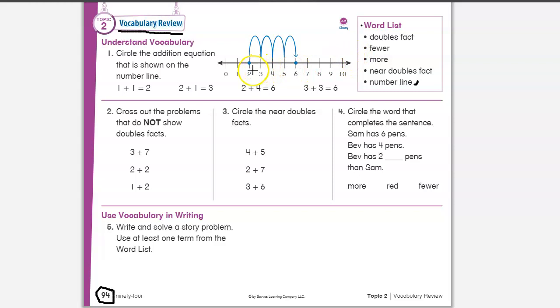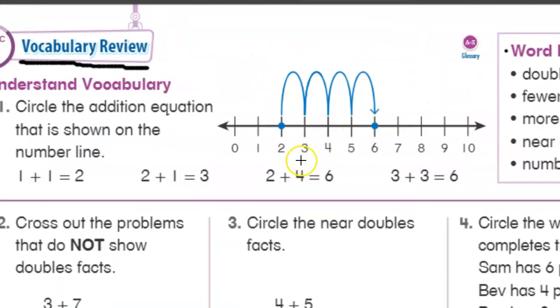If you look at our number line, our first dot is sitting right where the number 2 is. We then see it jumps. Each time it jumps, it lands on one number, jumps and jumps and jumps until we see our other dot that is sitting here.